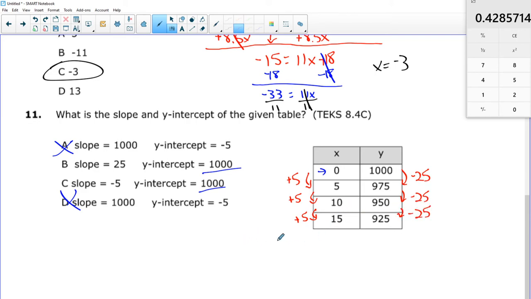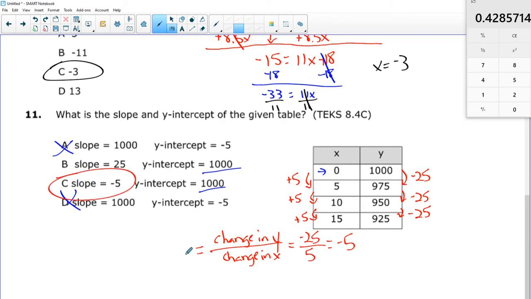So slope is change in y over change in x. So the change in y we said was negative 25 over the change in x, which is positive 5. And if we simplify that, negative 25 divided by 5 is just negative 5, which is C. And let's write down that's what slope is, in case you weren't paying attention.